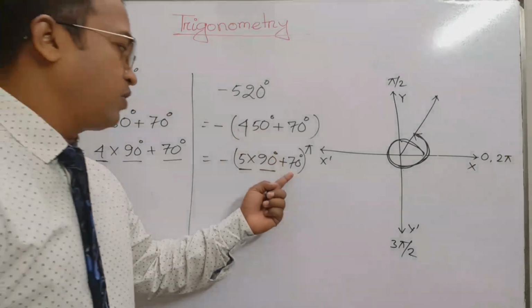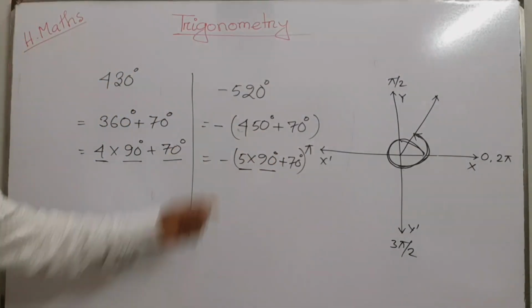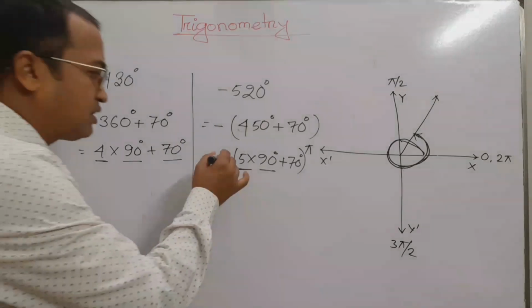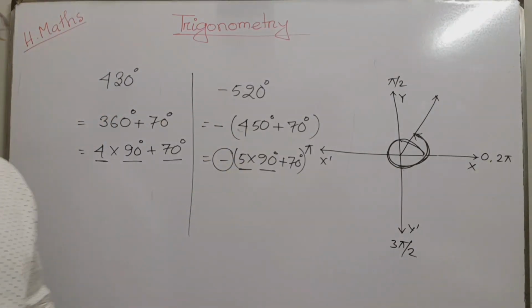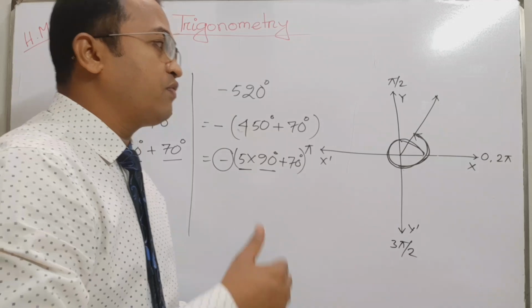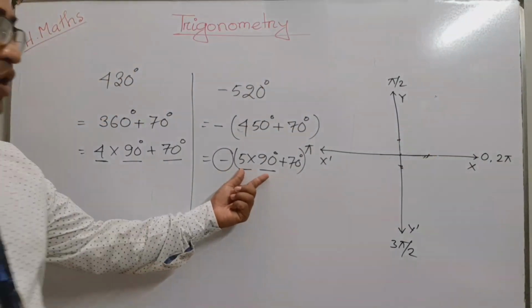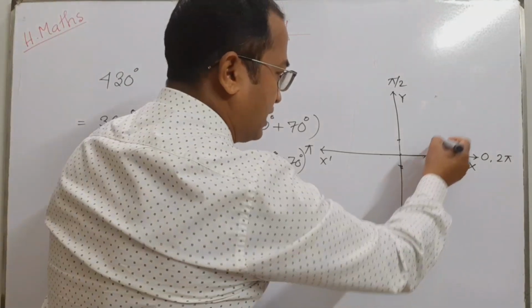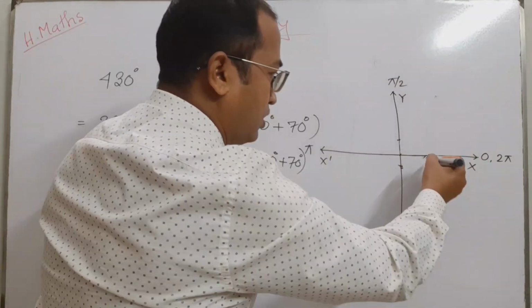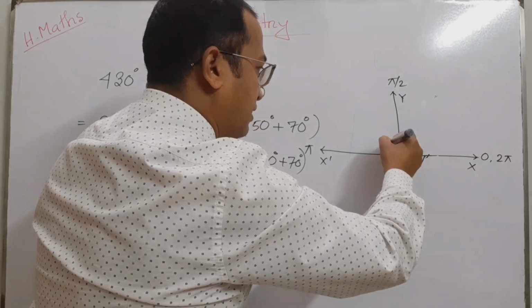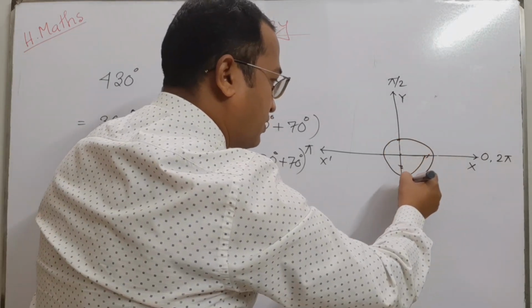After that, if you go ahead, you will get the location of 520 degrees. But look, this is negative, minus. So you should revolve clockwise. We will move 5 quadrants clockwise, like this. First, second, third, fourth, fifth.